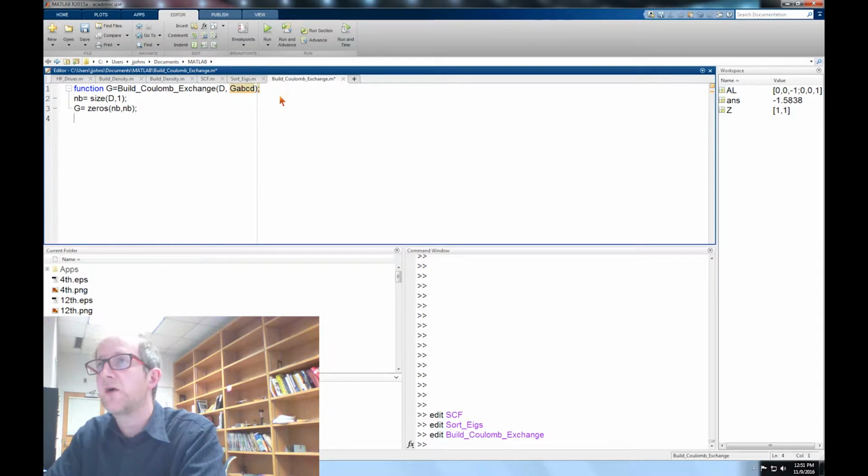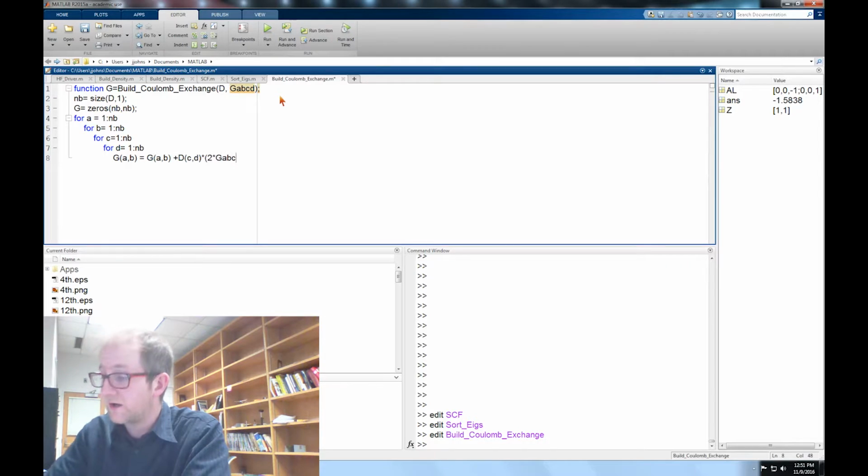Okay. So now we're going to loop over our four-dimensional matrix GABCD. So for A equal 1 to NB, for B equal 1 to NB, for C equal 1 to NB, and for D equal 1 to NB. G of A,B is equal to G of A,B plus density of C,D times 2 times GABCD of A,B,C,D.